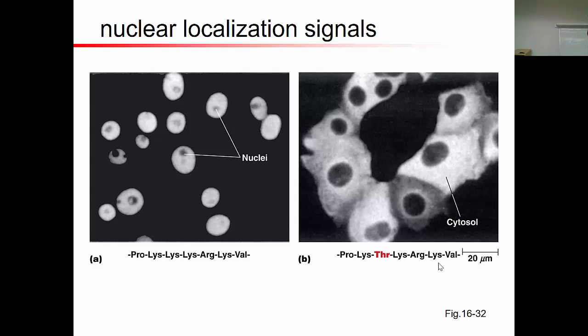So now we've moved from calling these a putative nuclear localization sequence to calling this a nuclear localization sequence. And so again, we do this little bit of genetic engineering, in this case to test our hypothesis that this is a nuclear localization sequence. Pretty cool, eh? Any questions?